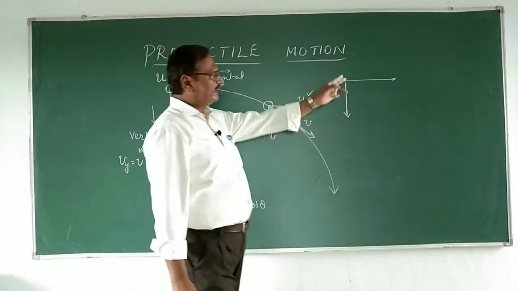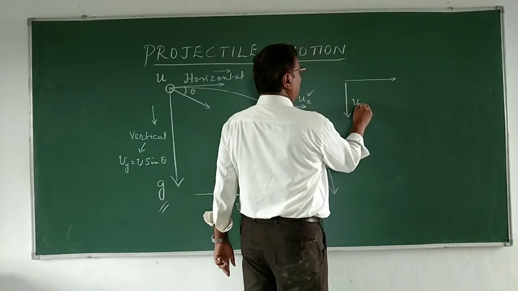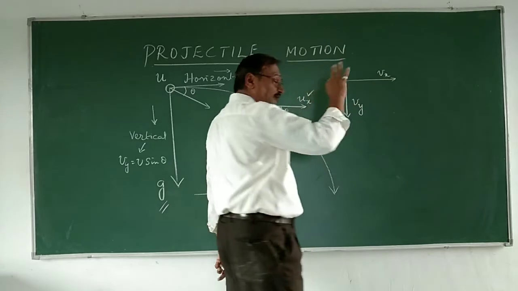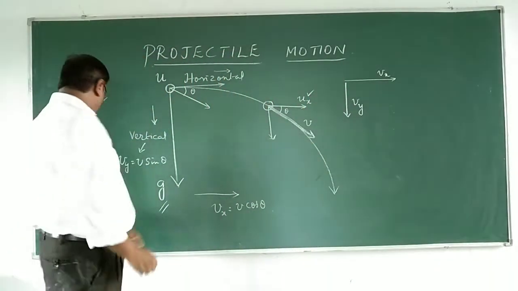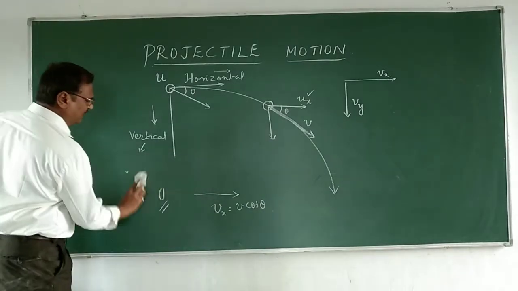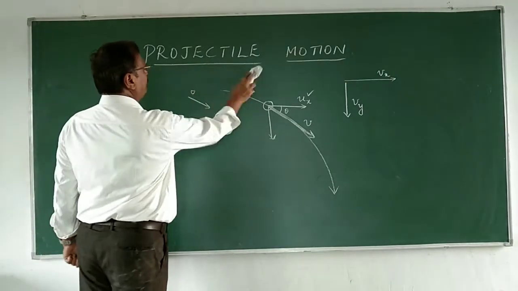So these two are studied independently: one is horizontal motion and another is vertical motion. Now I am going to take a simple example for you and then explain how that actually happens. Okay.